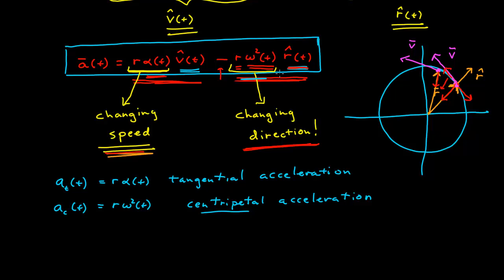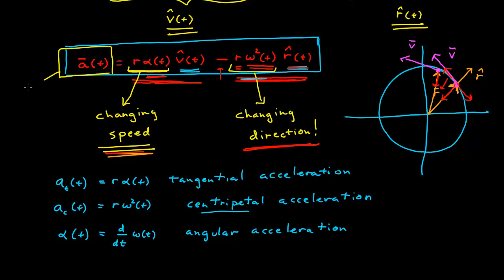And so we now have essentially 4 accelerations to keep track of. You can't forget that alpha of t, which is the time derivative of the angular velocity, is the angular acceleration. And of course, we can't forget this, which is just the acceleration. It's the acceleration.